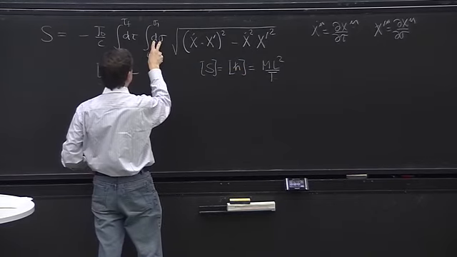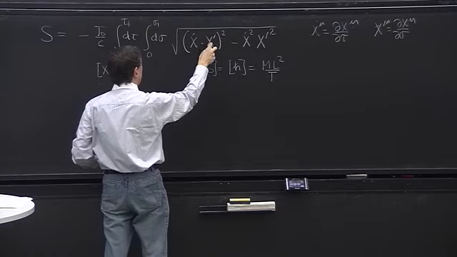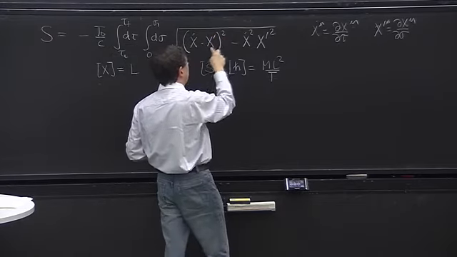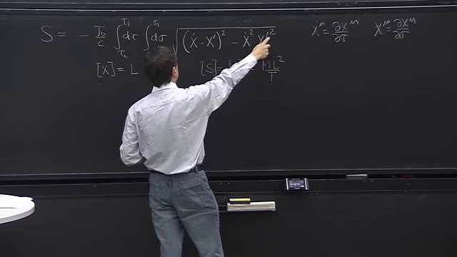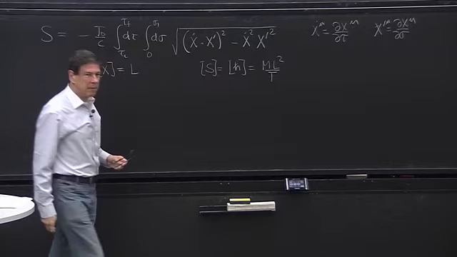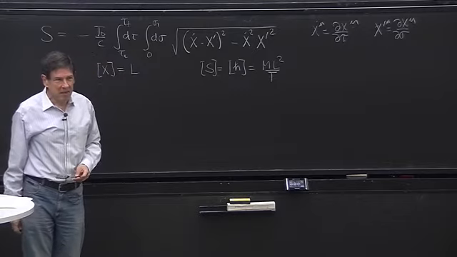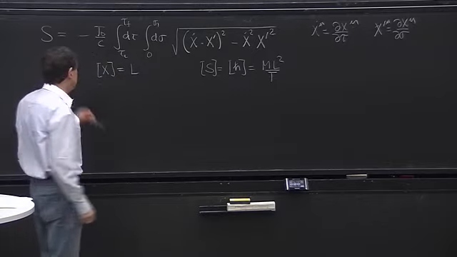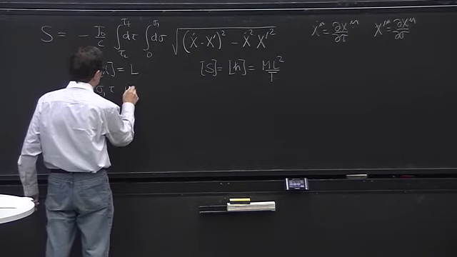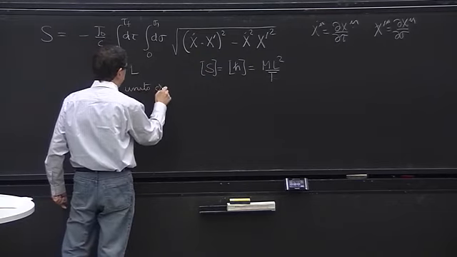Then you have a d sigma, and you have 1 over d sigma here because of this prime derivative squared, also 1 over d sigma squared here. So the sigma units and the tau units don't matter. And that's interesting and nice. So sigma and tau units drop out.